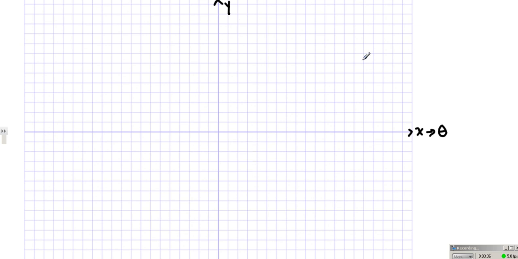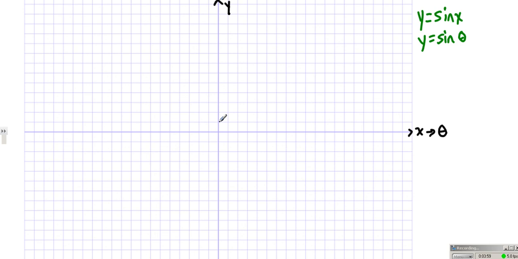If we start off with a sine curve, let's graph y equals sine of x. We could say sine of x, or sine of theta; you'll see it both ways. The x or the theta is our angle, our independent variable.